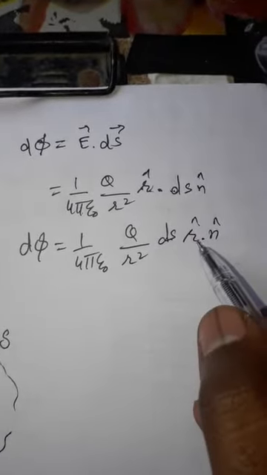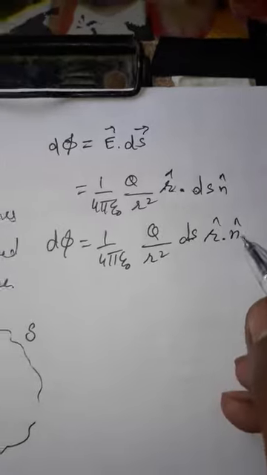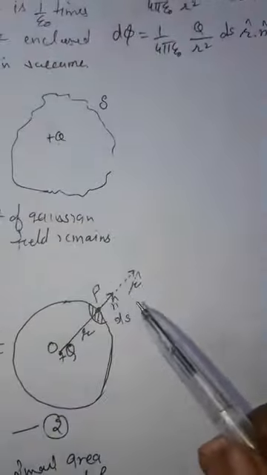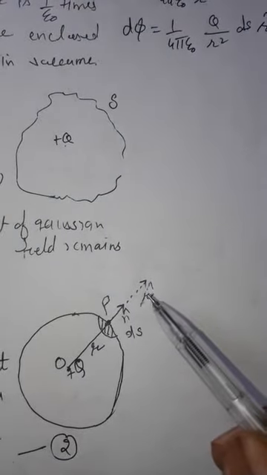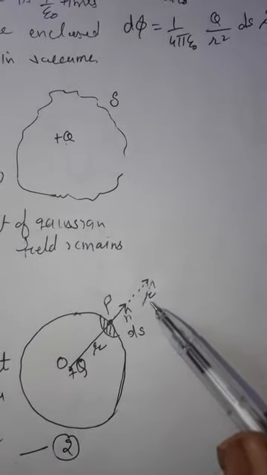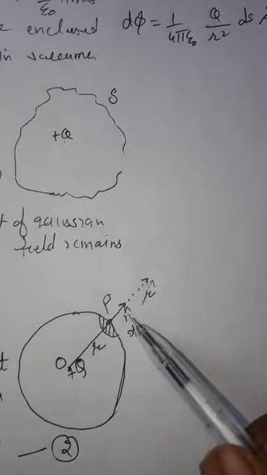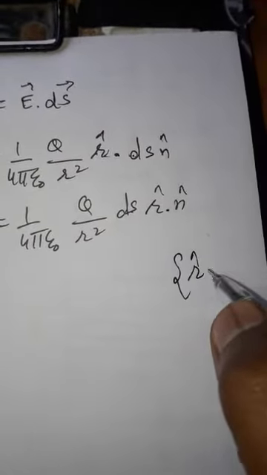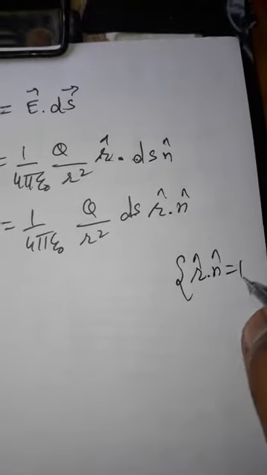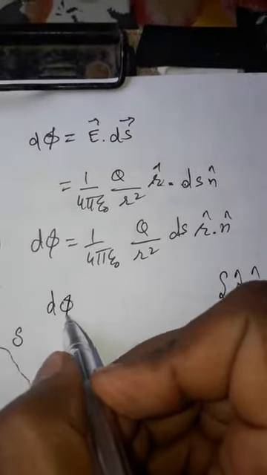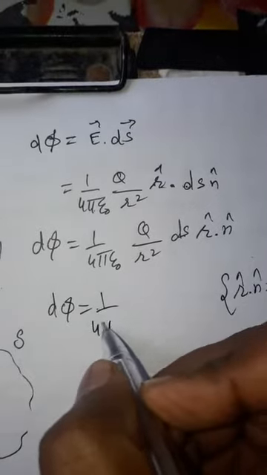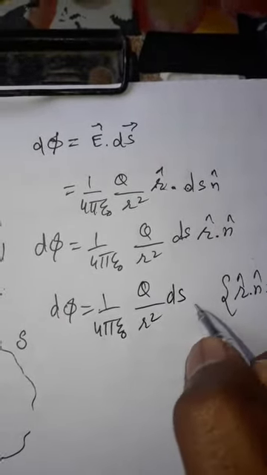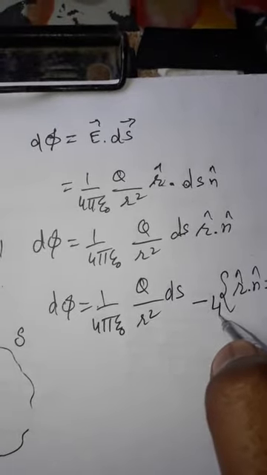But as vector r cap and vector n cap are in the same direction, their dot product is the product of their magnitudes, and as the magnitude is 1, r cap dot n cap must be equal to 1. So d phi must be written as 1 upon 4 pi epsilon naught q upon r square into ds. Say it as equation number 4.